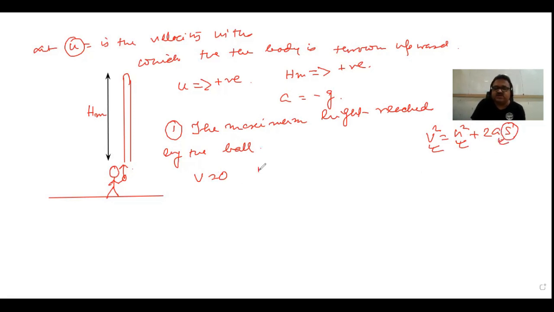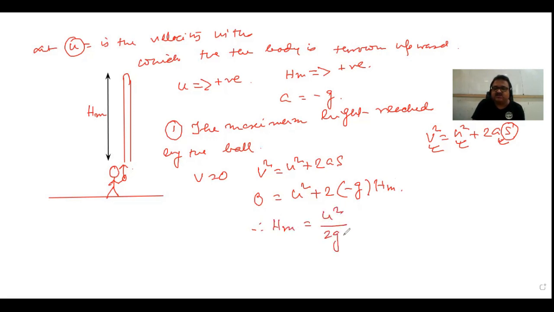So using this equation, v square equal to u square plus 2as. What is the value of v? 0. What is the value of u? u should be positive. That means u square plus 2. What is the value of a? Minus g. And this is H max, correct? So what is the value? H max equal to u square by 2g.